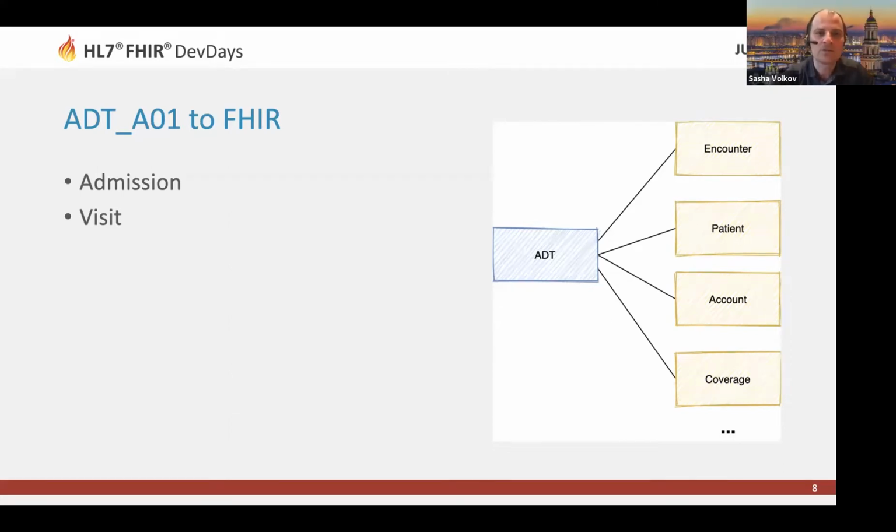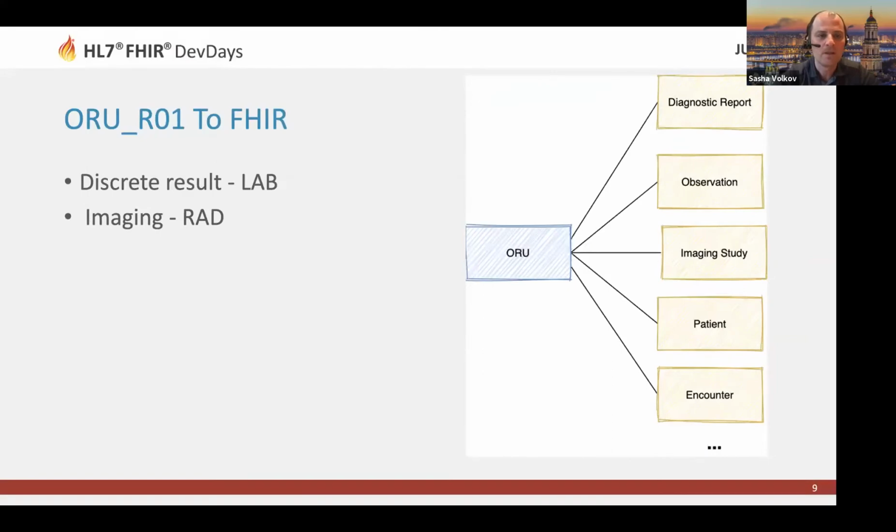I think I saw the presentation at FHIR Dev Days on V2 bridge into FHIR that illustrated those mapping. Let's see if I can use this to map the ORUs. So based on that mapping, the ORU will be mapped to multiple FHIR resources as well, like diagnostic report, observation, imaging study, patient, and encounter.